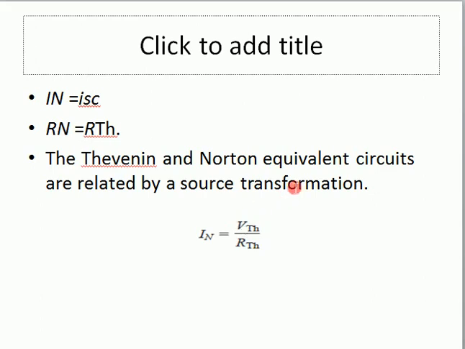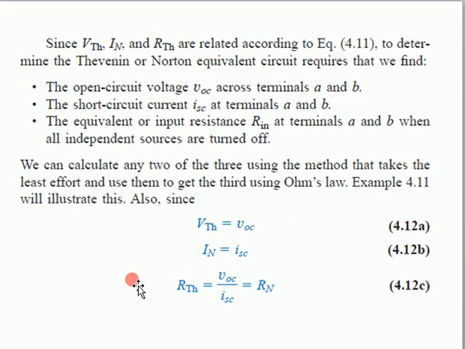Since VThevenin, IN and RThevenin are related, we have to find these things: the open circuit voltage VOC across terminal AB, that is the Thevenin voltage; the short circuit current ISC at terminals AB, that is the Norton current IN; and the equivalent or input resistance RIN at the terminals A and B when all independent sources are turned off.